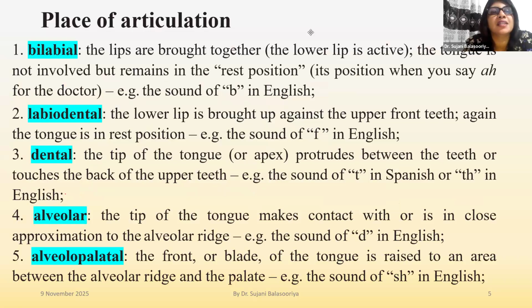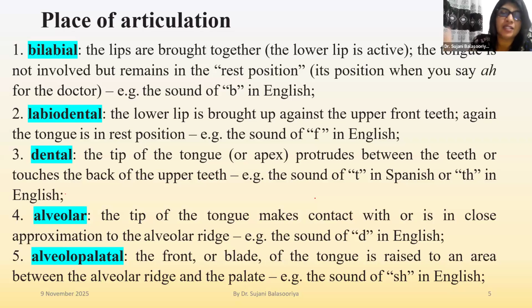Is that clear? Clear in the sense you have some kind of memory regarding what we have been discussing, right? Okay. So don't think that all of a sudden I'm going to talk about place of articulation. If you don't remember what we discussed earlier, please refer to the notes. You might get the recordings as well now.